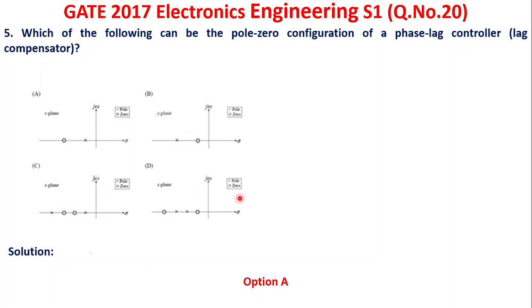Here you have two zeros, two poles, which definitely means it cannot be a lag or lead compensator. Therefore, out of these two only we should pick. In lead compensator, zero is located closer to the origin. In lag compensator, pole is located closer to the origin. See, pole is located closer than the zero. Here zero is located closer to the origin than the pole. So option A is correct.